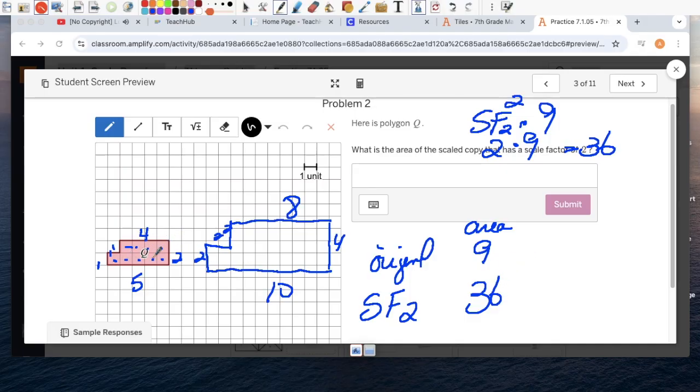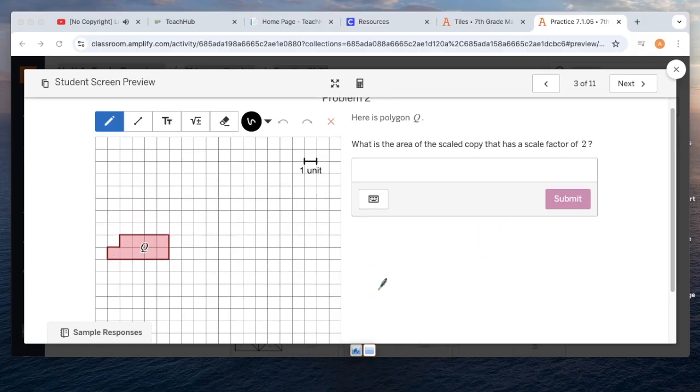1, 2, 3, 4, 5, 6, 7, 8, 9. There's something wrong here. Something seems a little off.